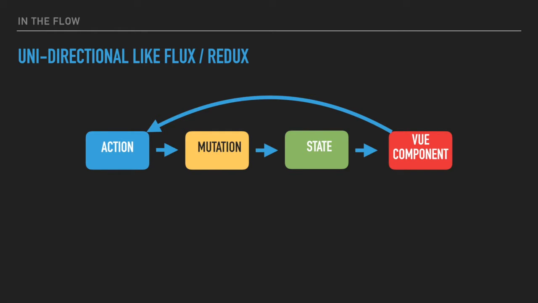Again, of course, we've got a circular motion of data here. The Vue components can call actions in response to, e.g., user input. One thing that's important to say is that the Vue components shouldn't mutate the state themselves.